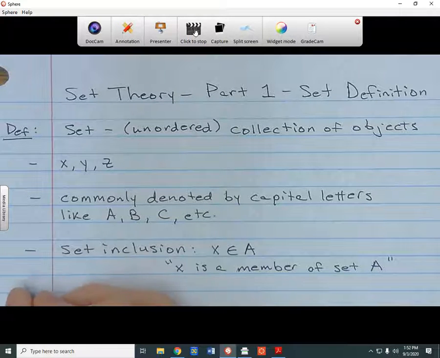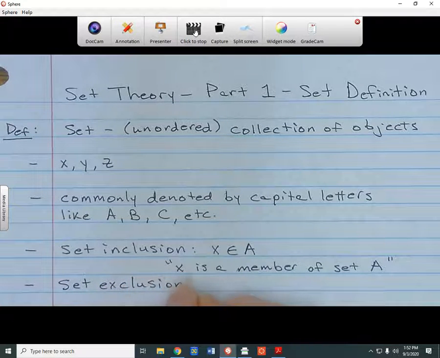When we're talking about set exclusion, we basically mean the opposite.